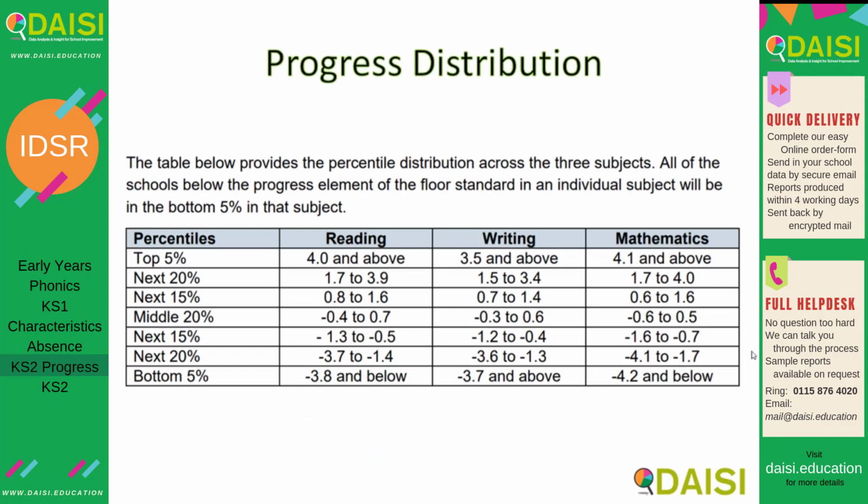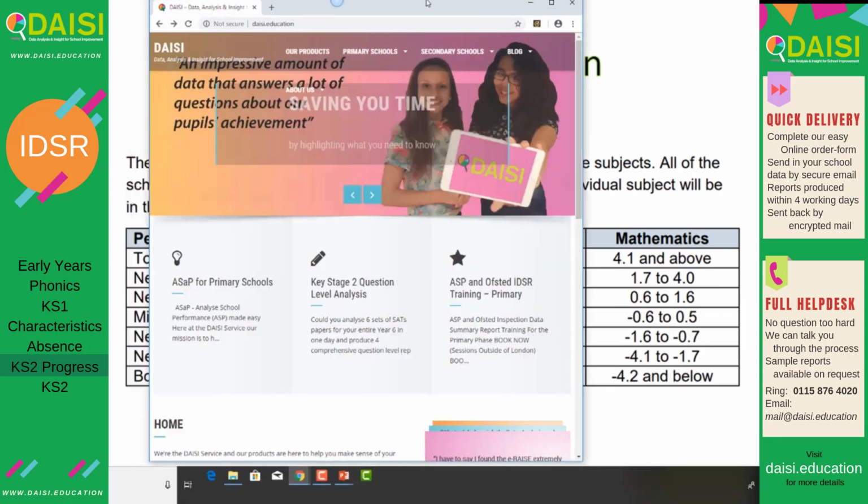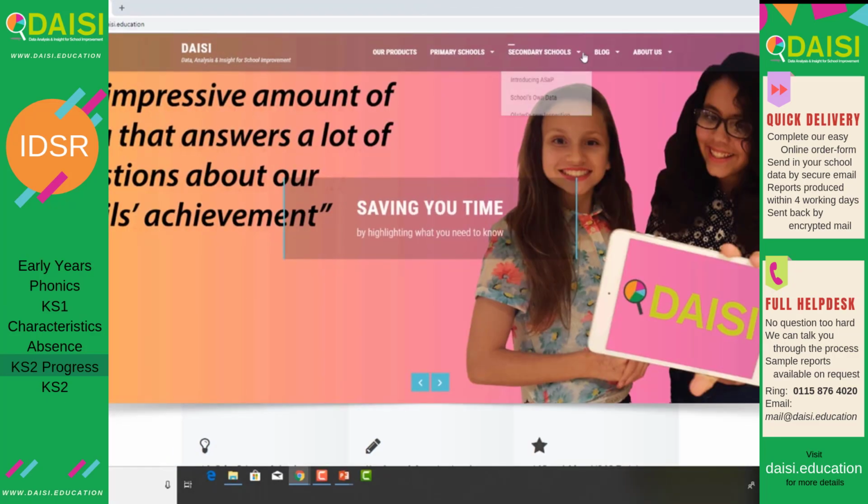If you're wondering what the distribution is like, what does your progress score actually mean, then the government has published this. So you can see to be in the top 25% of schools in reading or maths, you need 1.7 or above. If you want to know more precisely where you are, then please go to our website, DAISI.education.